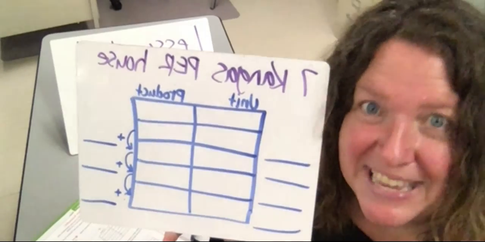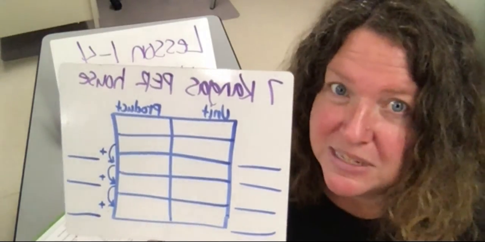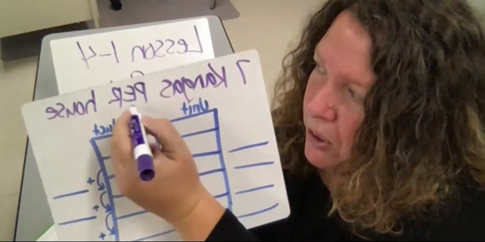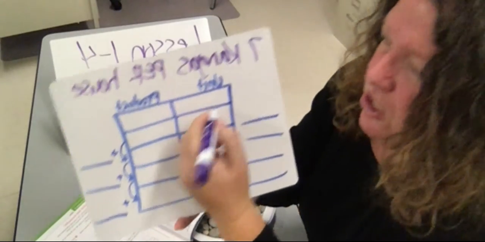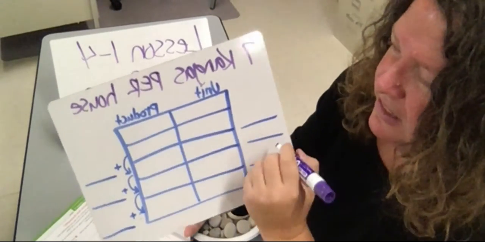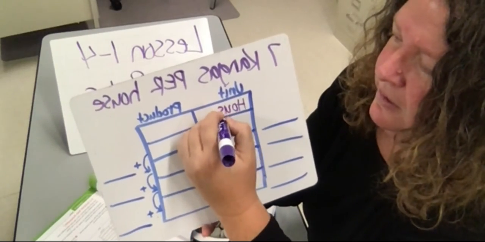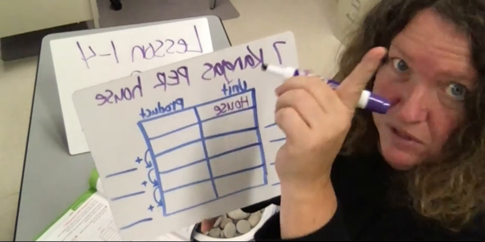It wants us to say yes. Yes, there is a constant rate because every single house has 7 kangaroos in it. There are 7 kangaroos per invisible 1 house. So the unit and the product in every house, there's 1 house per 1, per means unit, per is 1.